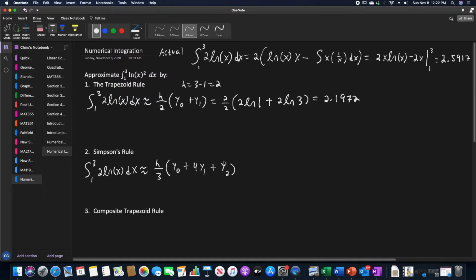For this particular one, h is now going to be 3 minus 2, to get us an answer of 1.